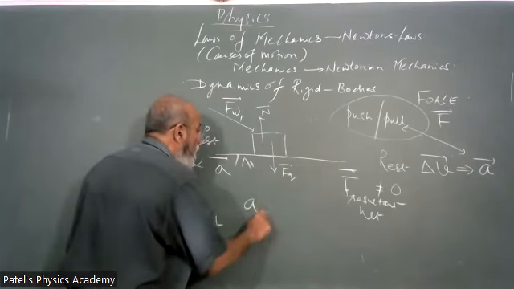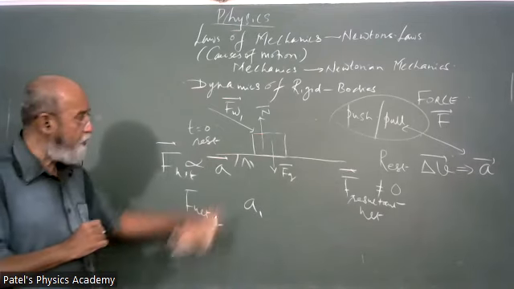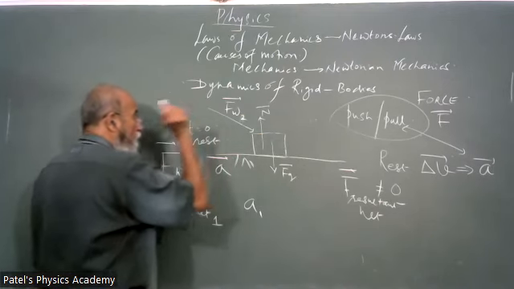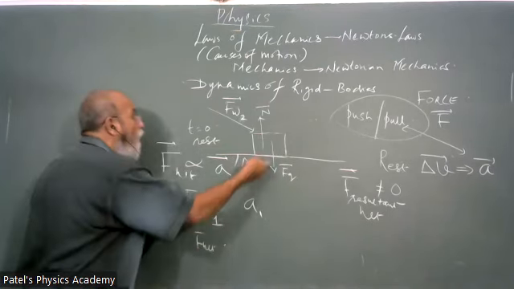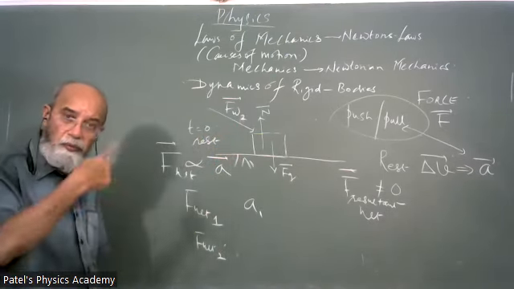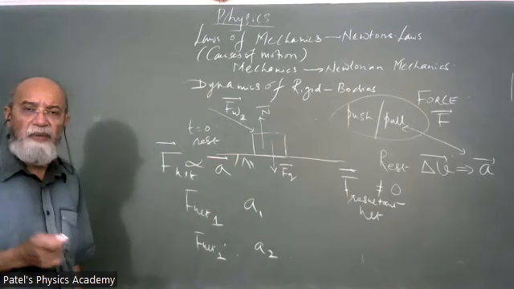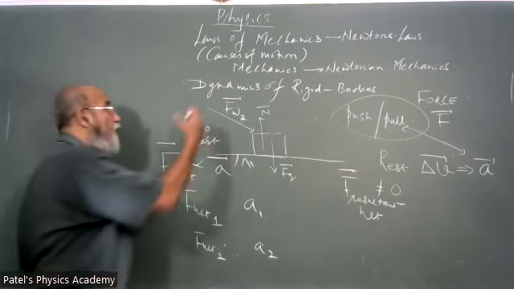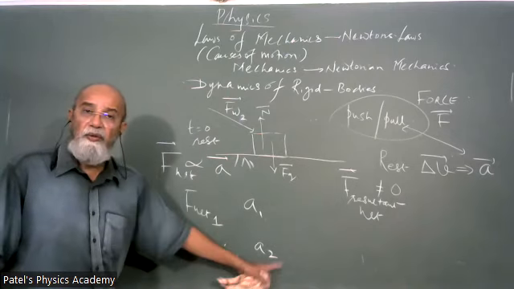Then I found that corresponding to this, there was an acceleration A1 for this object. Then I changed this to 2. I found that when I added up all these forces, there was a resultant force, which I call F net 2 now, and I found the acceleration to be some A2. Same object. Similarly, I changed this again, and I found F net 3 equal to A3.